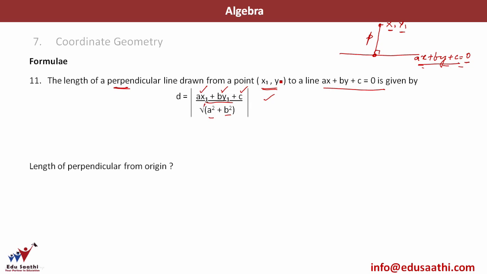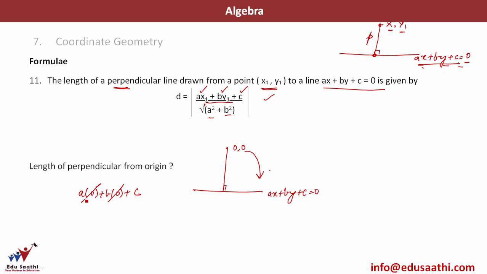Length of a perpendicular from origin. This is a line which is given to me, ax plus by plus c equals 0. Origin means what? (0, 0). So this point would be put in the line. What I actually will have is a0 plus b0 plus c.